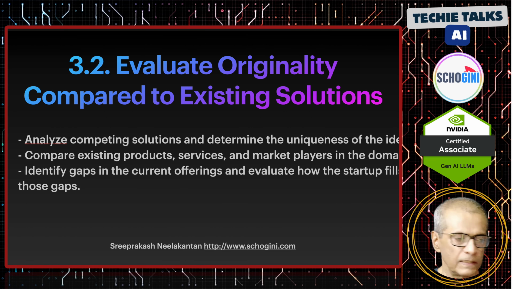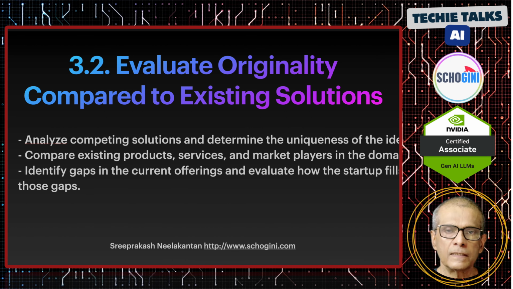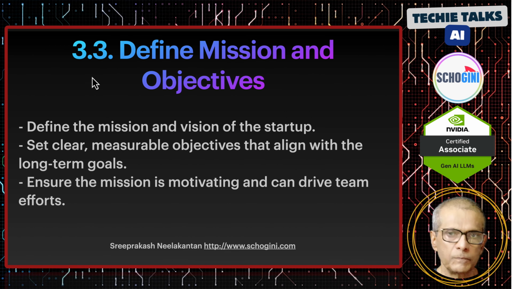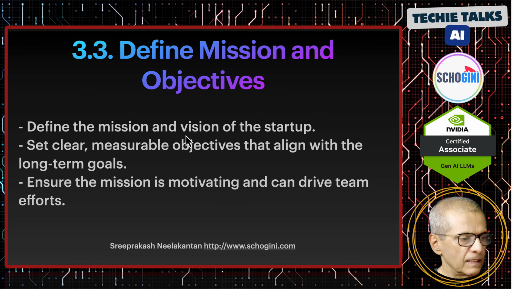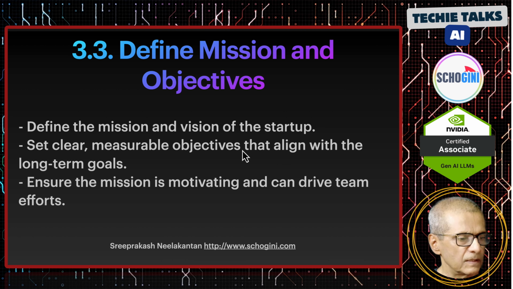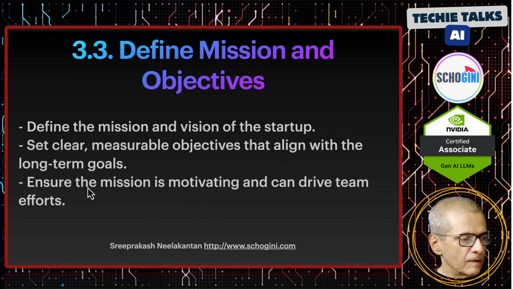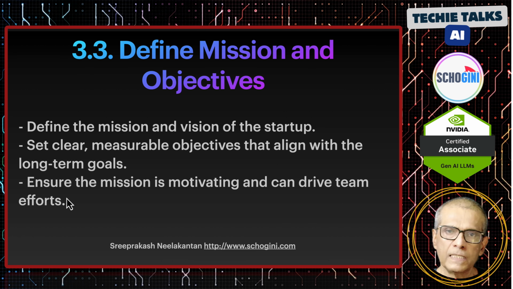So essentially you are detailing all possibilities this agentic framework can attend to. So 3.3, define mission and objectives. So define mission and vision of the startup. Set clear, measurable objectives that align with the long-term goals. Ensure the mission is motivating and can drive team efforts.